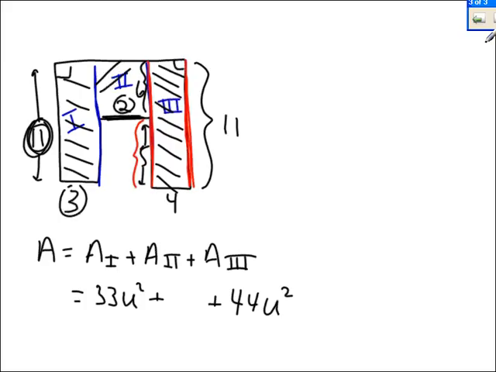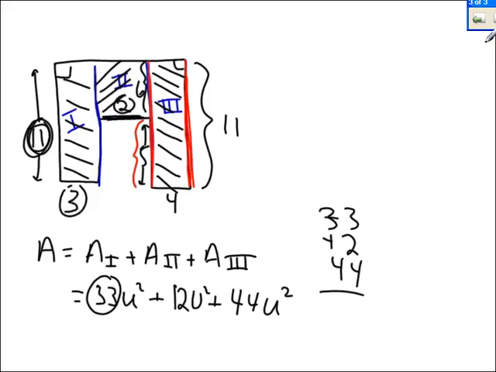Now, this rectangle here is 2 units by 6 units, side by side. 2 times 6 is 12 unit squares. 33 plus 12 plus 44 is 89. It's 89 units squared. If each of those numbers I wrote down were feet, it'd be 89 square feet.